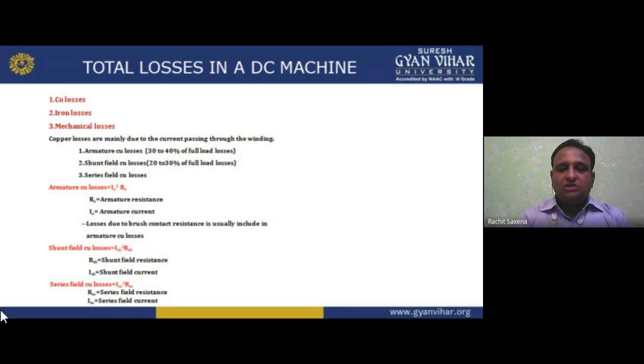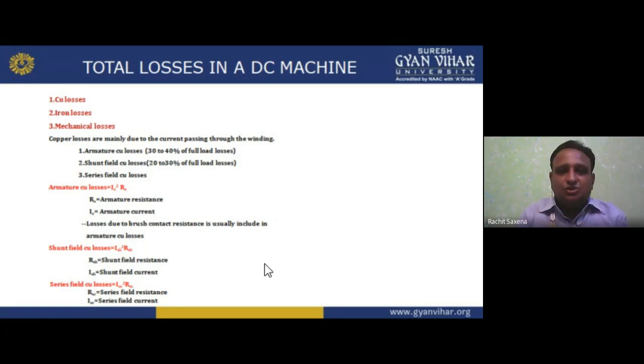Now if I'm talking about the series field copper loss, my dear student, in this series field copper loss, Ise is your series field current, and Rse is your series field resistance. So Ise square Rse is for series field losses.